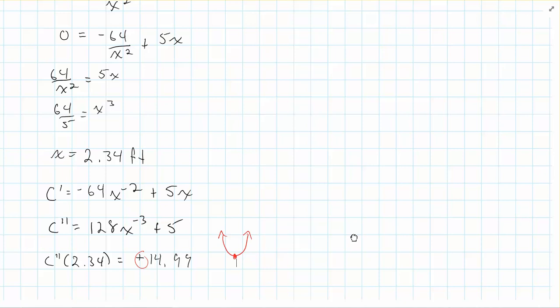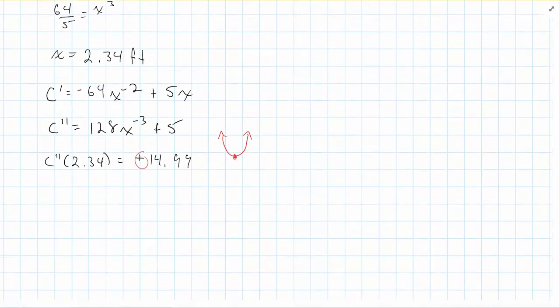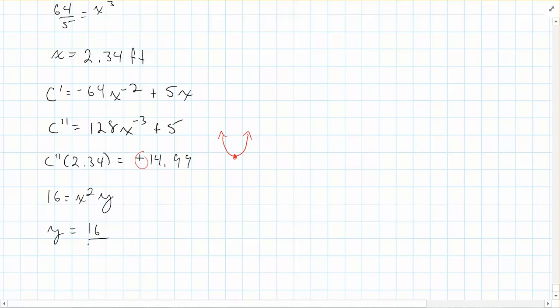And so we just need to answer the question now. The question wanted to know the dimensions, and so we know that 16 is equal to x squared times y, so we could get y is equal to 16 divided by 2.34 squared.